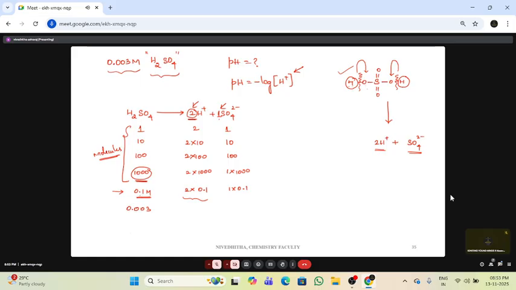And 0.1 is the concentration of this acid, right? Yes, ma'am. Similarly, the concentration of sulfuric acid is 0.003. Then what will be the H plus concentration? 2 into 0.003.